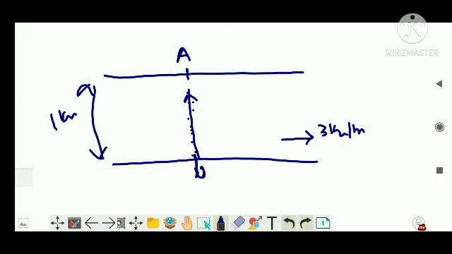Logical, right? So now we are told he is going to move in this direction, that is his wish. So let's name some of the things. Then we will write the terms vectorially, and I will also tell you how it can be solved graphically. Now let's say there is a person here on the ground, viewing the swimmer. The swimmer, as per him, is going to swim in this direction.